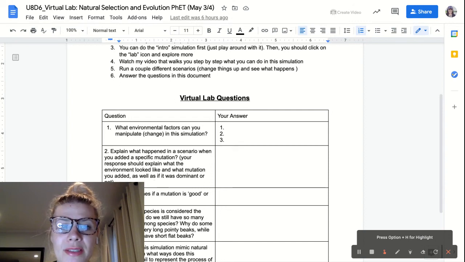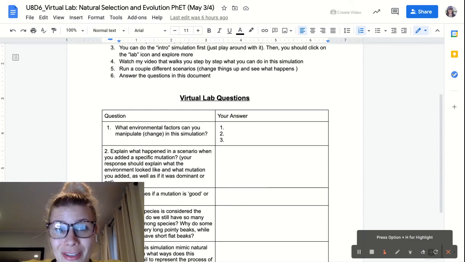Question 2 says, explain what happened in a scenario when you added a specific mutation. So there's a variety of mutations you can choose from, but I just want you to explain what happened. What environment was the animal in? Were your little rabbits in? What happened as a result of that mutation to the rabbit population? Did it get bigger? Did it get smaller?